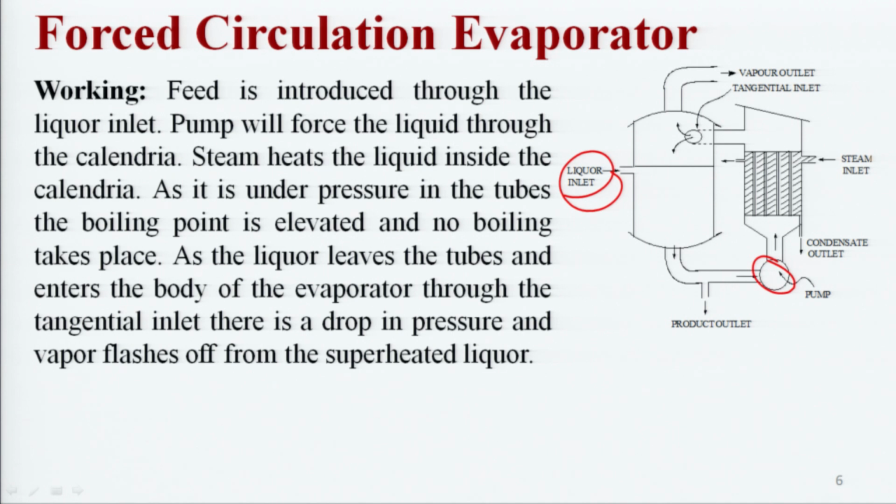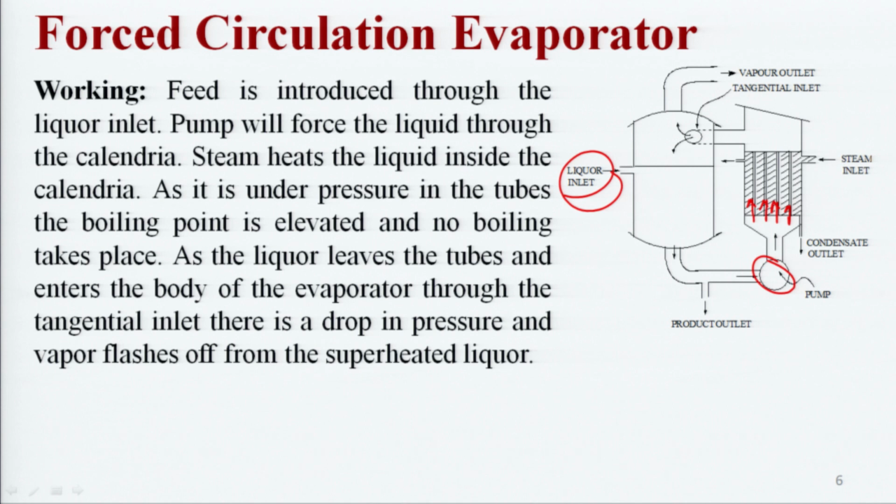From here the pump sucks the liquid and it forces it into the calandria. So, this is the calandria. In this pipe liquid is pumped or forced. Now, from the steam inlet, steam is introduced into this calandria. So, this steam heats the liquid inside the calandria.